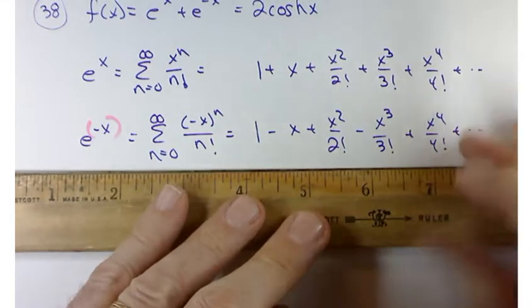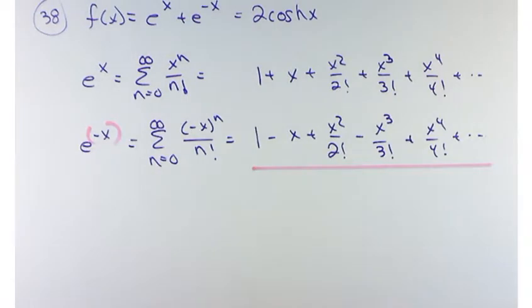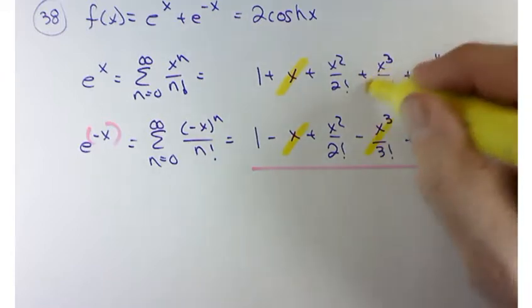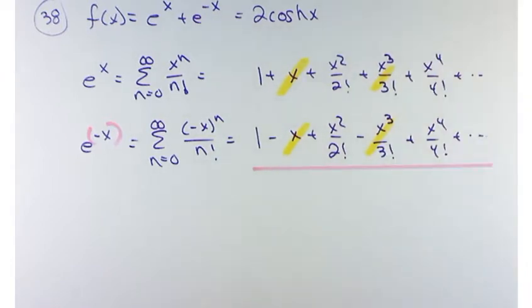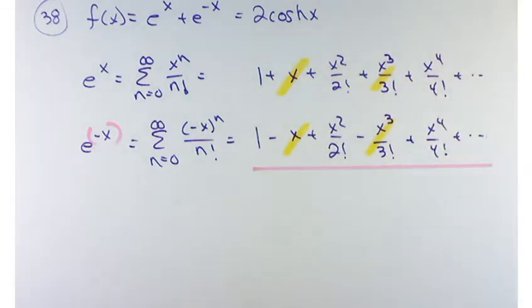What happens when we add this up? These terms are going to cancel, right? The odd terms are going to cancel. And the other terms are just going to double themselves, right?